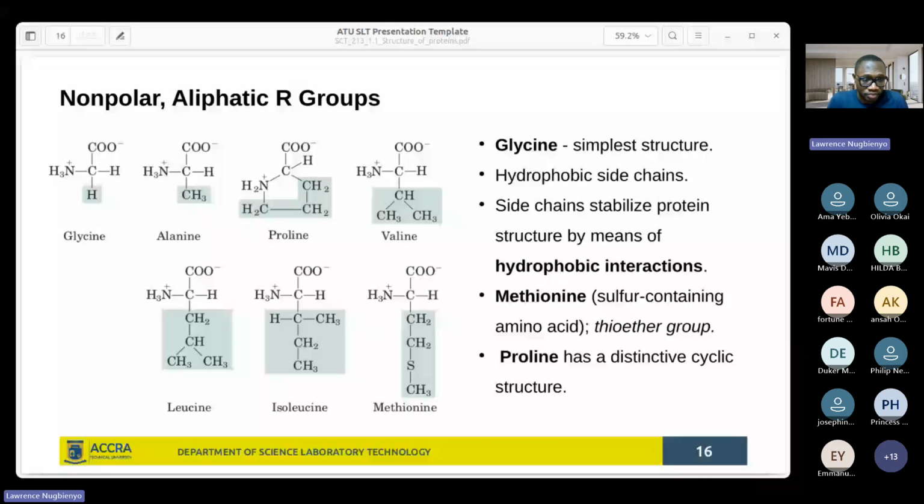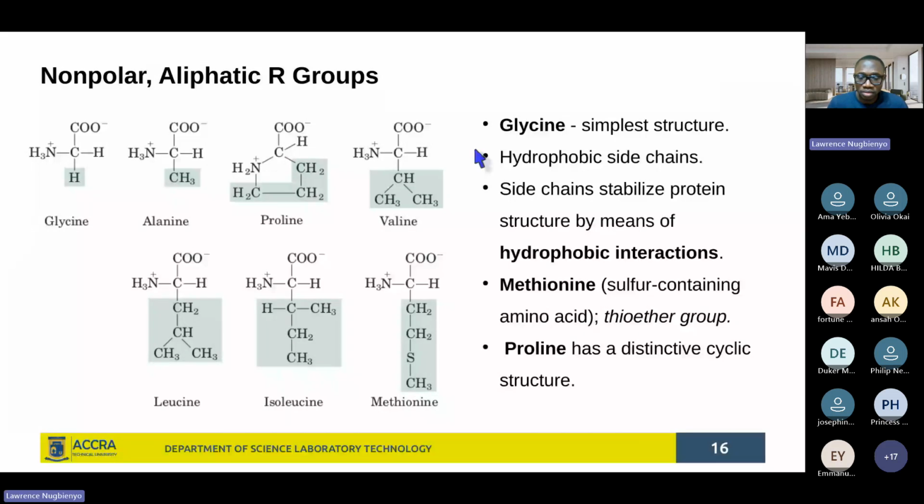That's where we stopped. Today we'll continue and hope that by the end of today's lecture, we'll be done with the structure of proteins. And then we move on to look at enzymes. And from there, we can dive into the metabolism of proteins.